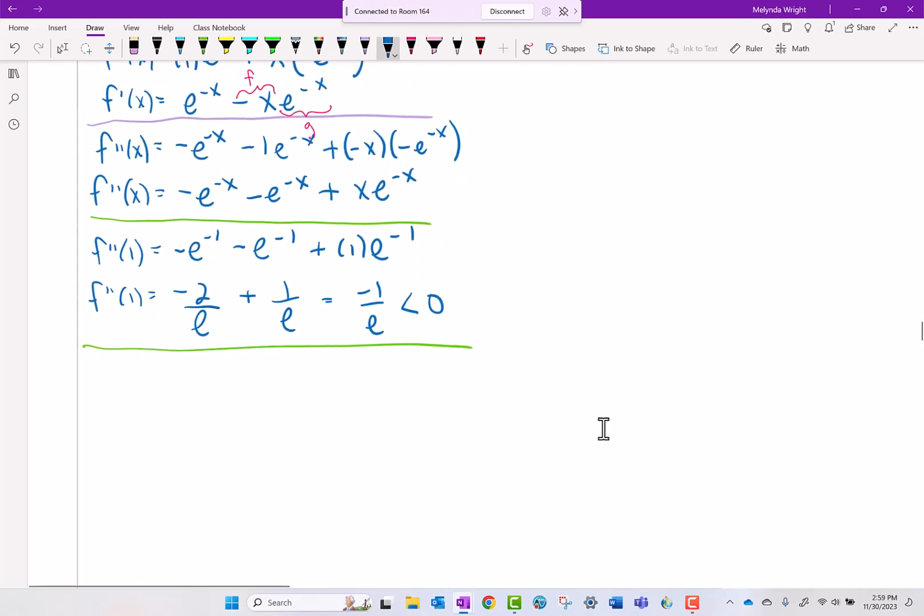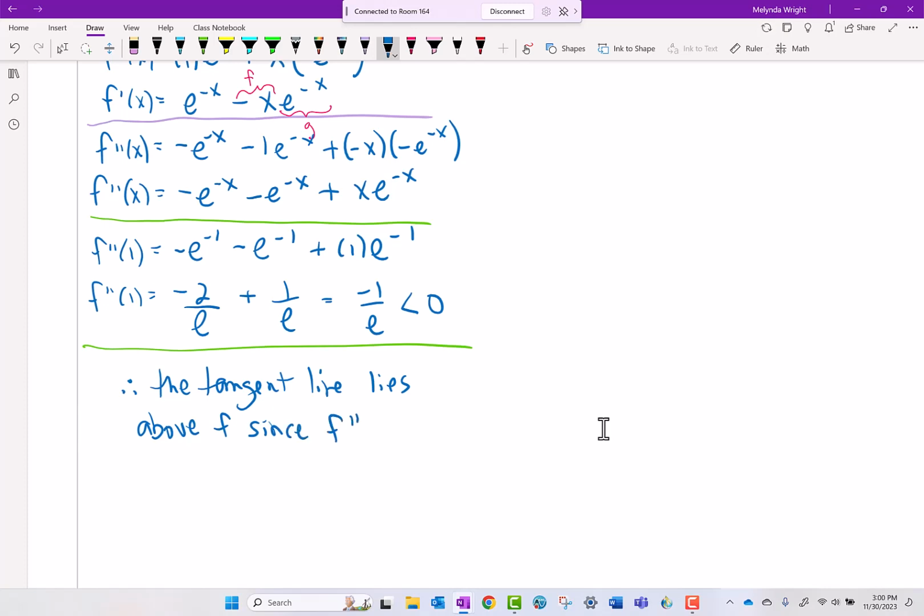So therefore, I love the 3 little dots, the tangent line lies above f since f double prime is less than 0. And there's the answer they asked for.